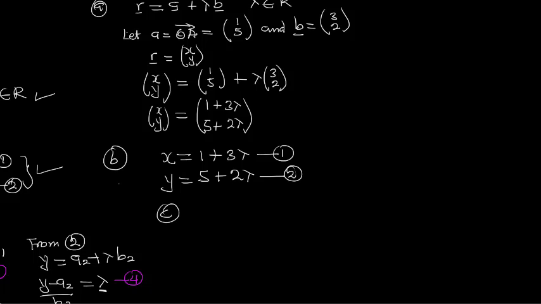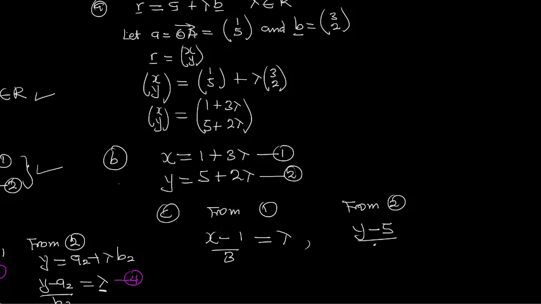C, we are to write the Cartesian form, and we obtain the Cartesian form from the parametric form by making lambda the subject. So from equation 1, we note that x minus 1 over 3 is equal to lambda. Secondly, from equation 2, we note that y minus 5 over 2 is equal to lambda.